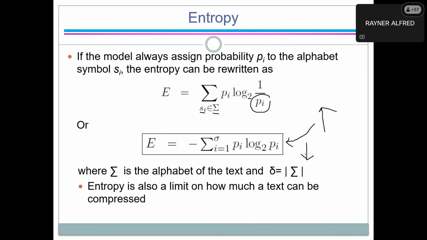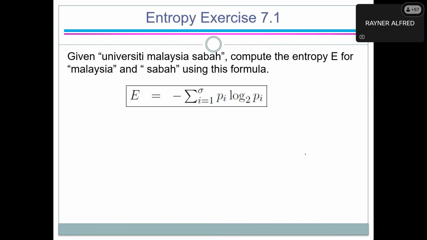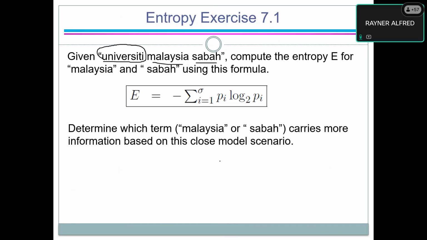So your exercise, because we have done the university example, right? You tell me what is the value for Malaysia and Sabah, and then determine which term carries more information, Malaysia or Sabah. Okay, so this is your practice.